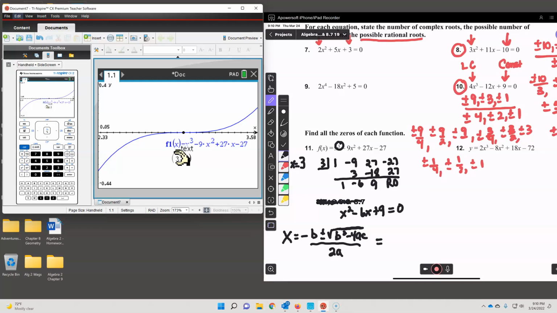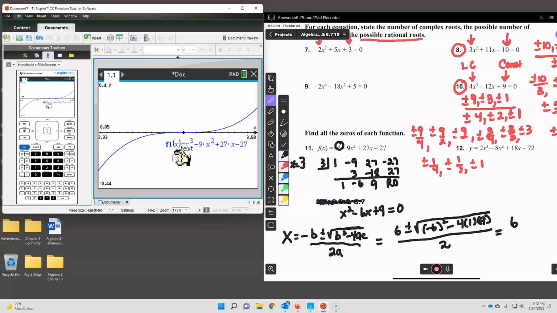So negative b is 6 plus or minus the square root of negative 6 squared minus 4 times 1 times 9, divided by 2 times 1, which is 2.